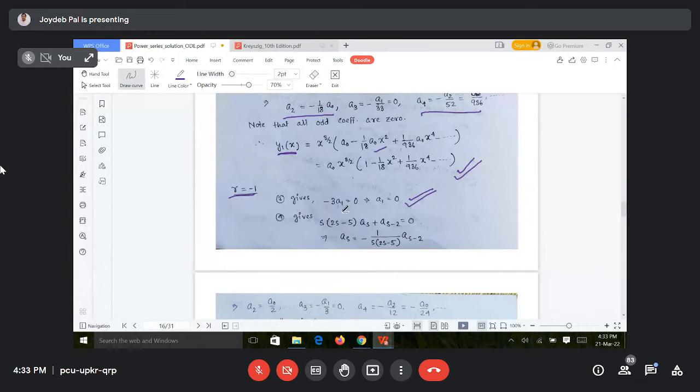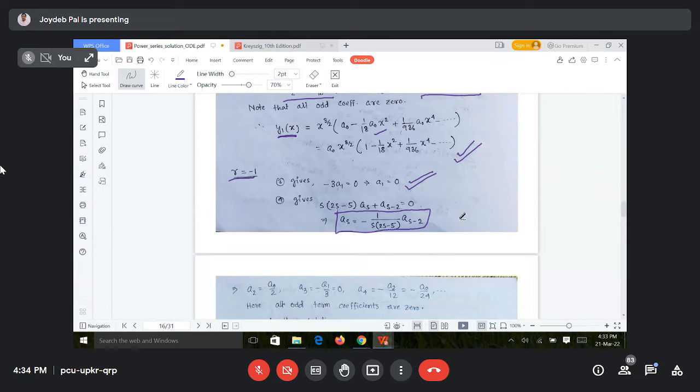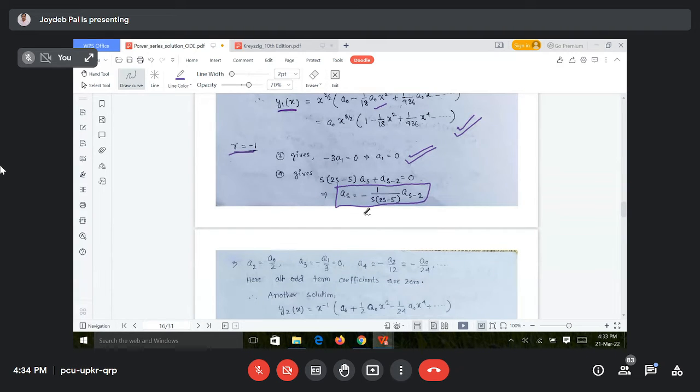Again here I am getting a1 equal to 0, and from the recurrence relation I am getting this. Here s starts from 2, so put s equal to 2, 3, 4, 5 and so on. So a2 will be a0 by 2, a3 will be 0 because a1 is 0, a5 is 0, a7 is 0, and a4 is something into a2, so it will ultimately come in terms of a0.